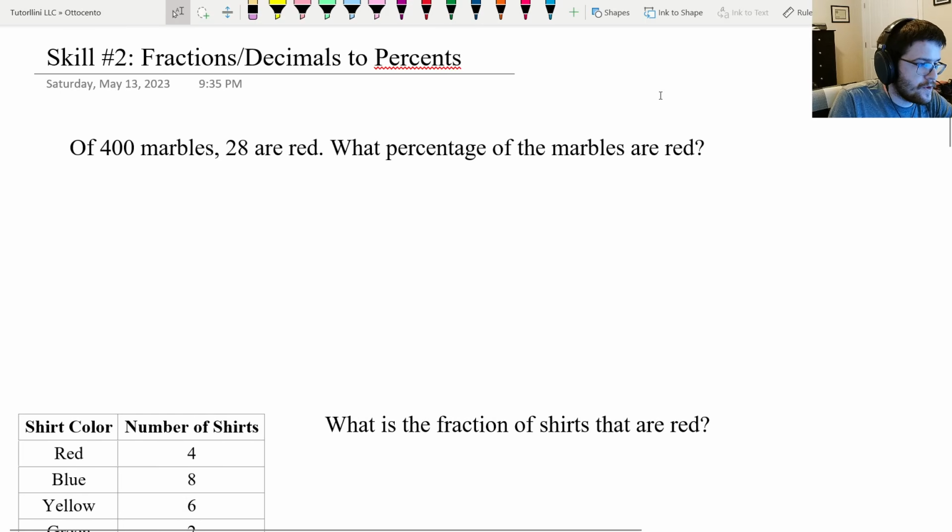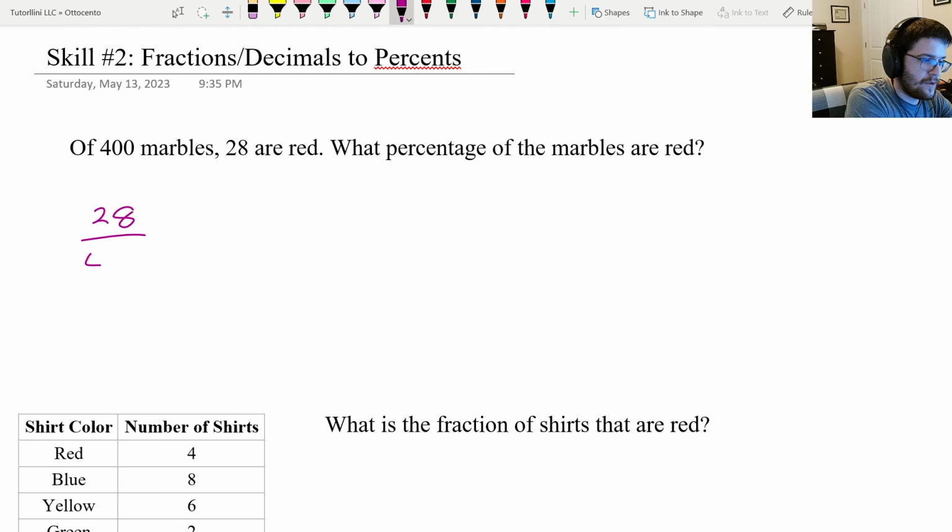Okay, so for this first one, we've got 28 red marbles out of a total of 400. So our fraction is going to be 28 over 400. So I'm going to put that in a calculator. And since it came out nicely to 0.07, I'm going to use that.